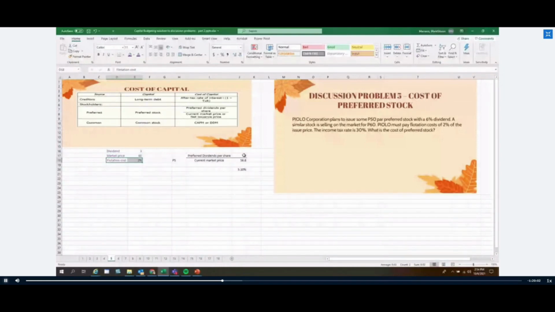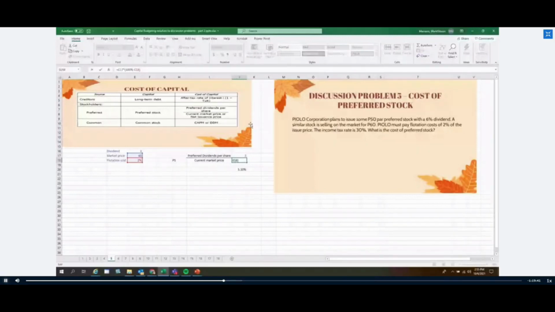So ngayon, meron na tayong preferred dividends per share of 3. Current market price or net issuance price. So therefore, 60 multiplied by 98% para makuha natin yung net issuance price.